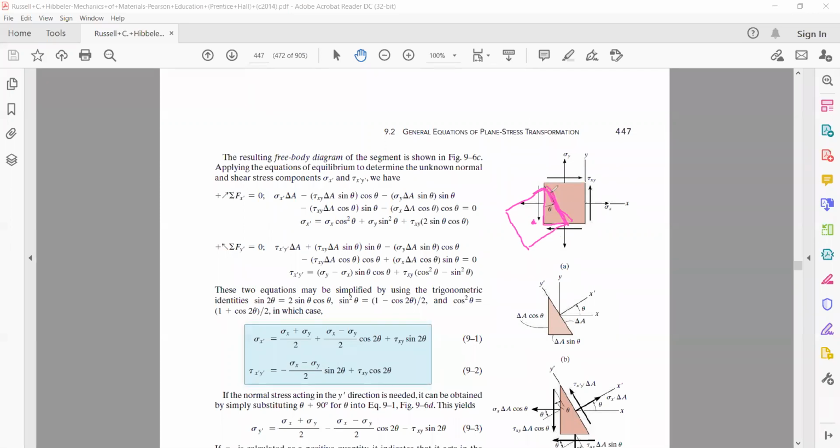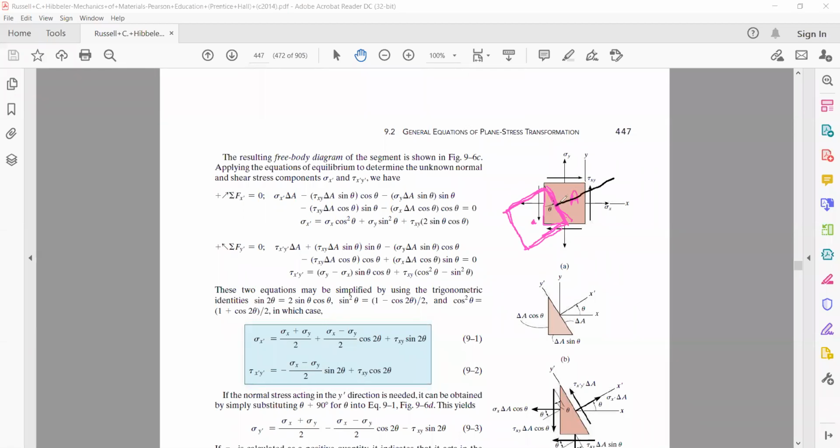That is this pink element, which has been obtained by rotating element A by angle theta.